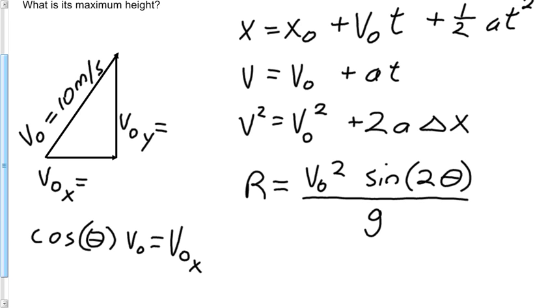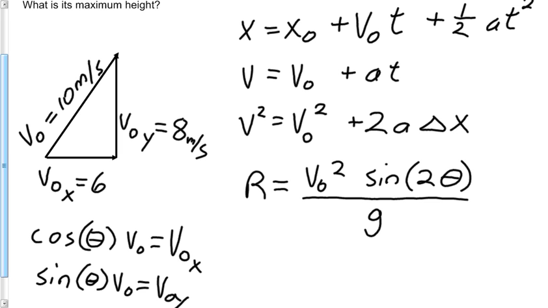And it'll wind up being the same thing except using sine for the y direction. So we'll use sine of angle theta times the initial velocity. That will give us the initial velocity in the y direction. And so those values will be 8 meters per second for the y direction, and it will be 6 meters per second for the x direction. And always try and keep your units.